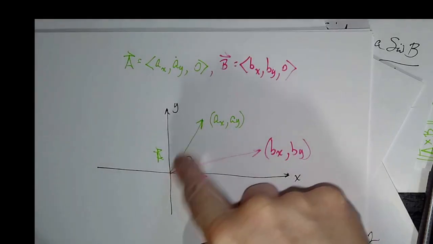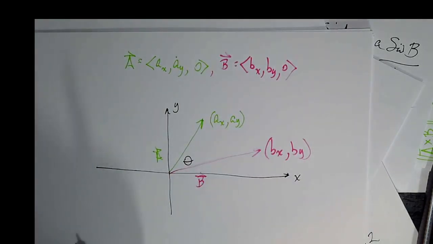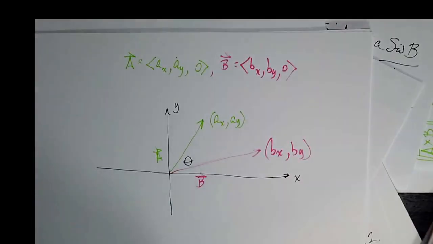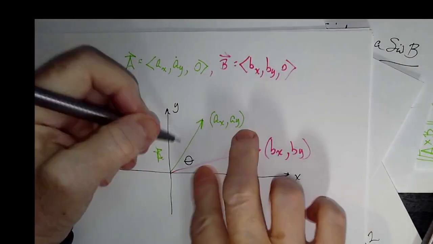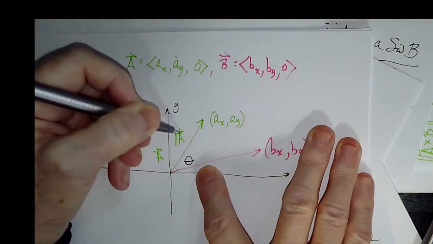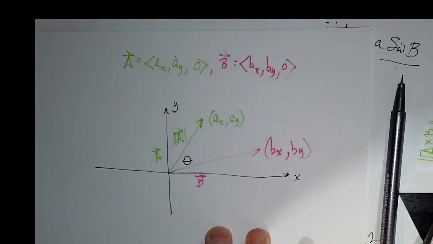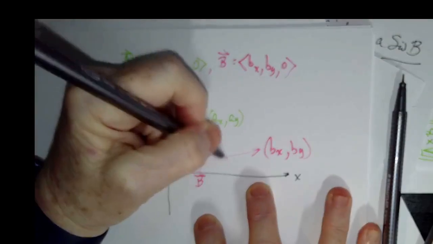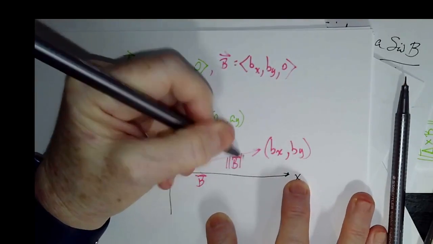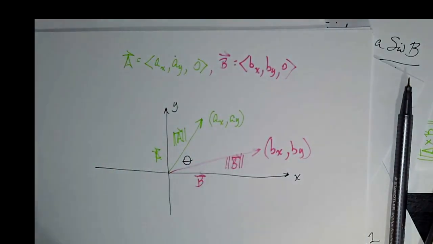The magnitude of A is its length. So the magnitude of A is the length of A, and the magnitude of B is the length of vector B.